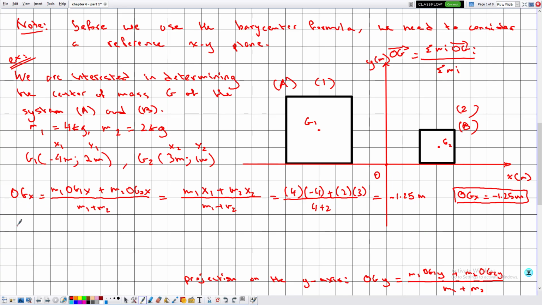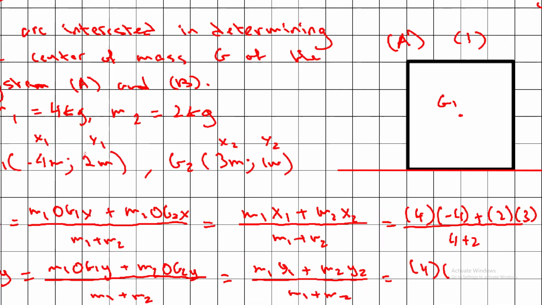Now as for OGy, it's given by m1 OG1y plus m2 OG2y divided by m1 plus m2, which in this case is m1 y1 plus m2 y2 divided by m1 plus m2. The value of m1 is 4, and the value of y1 is 2.